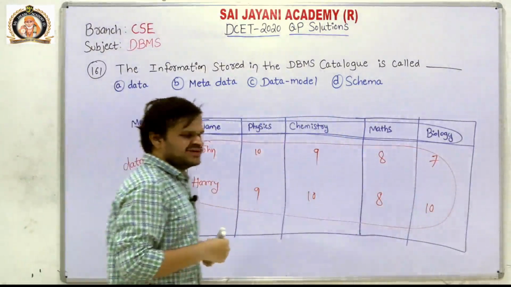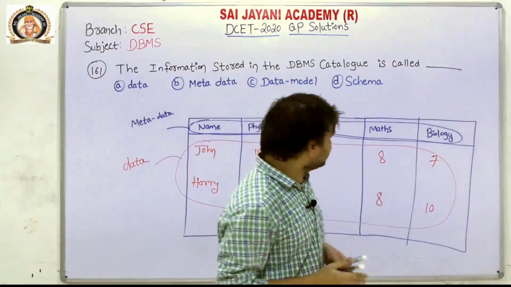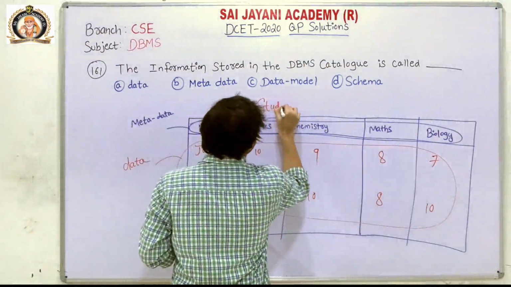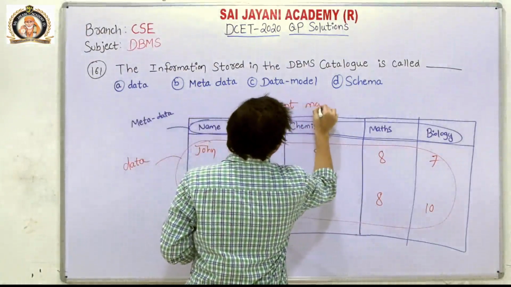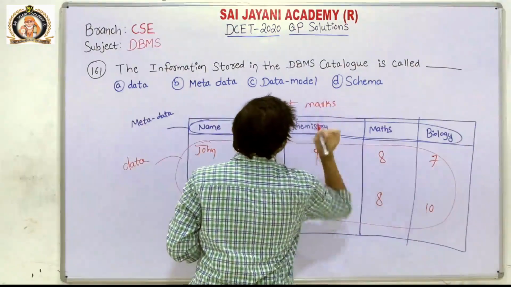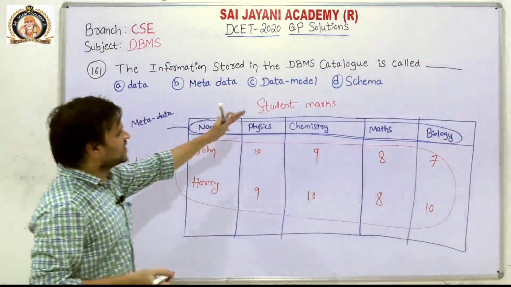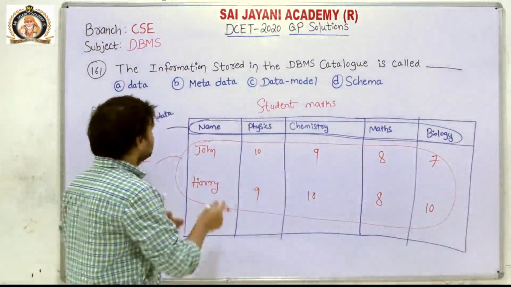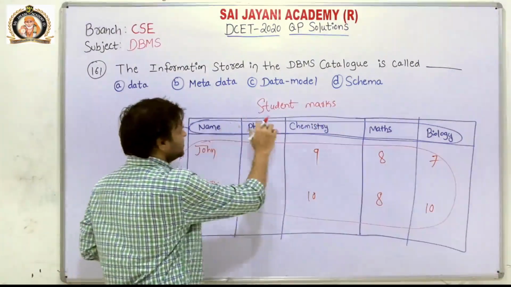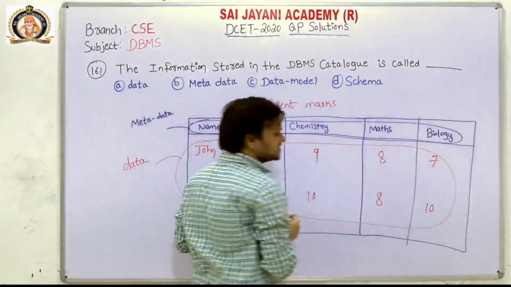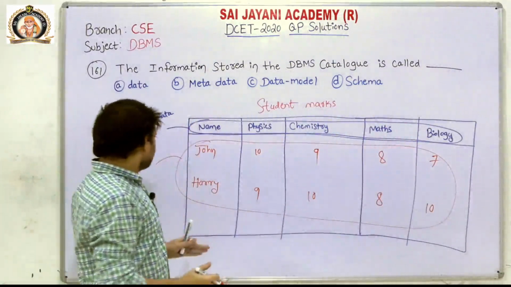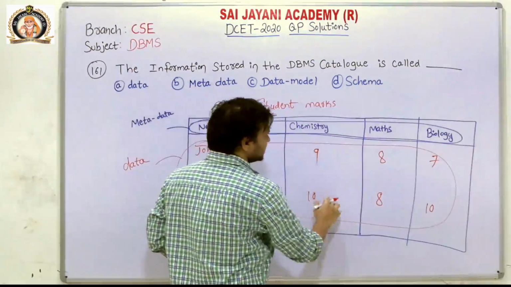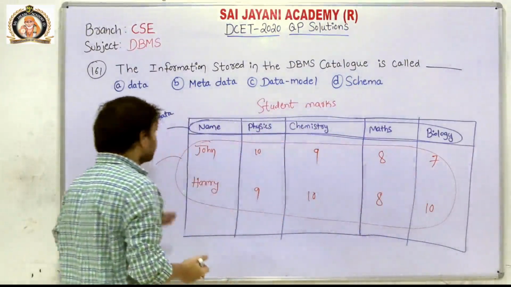Got my point? In DBMS, this is the student marks table. In the student marks table, we have data as well as metadata. Here the metadata are name, physics, chemistry, maths and biology. Similarly, the data are John, Harry, 10, 9, 9, 10, 8, 8, 7, 10.